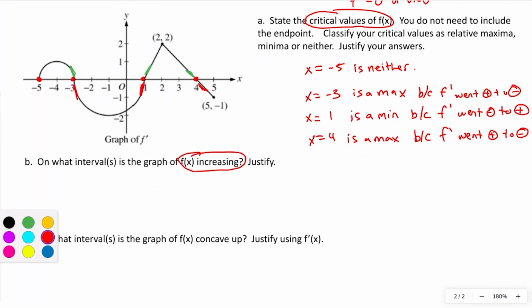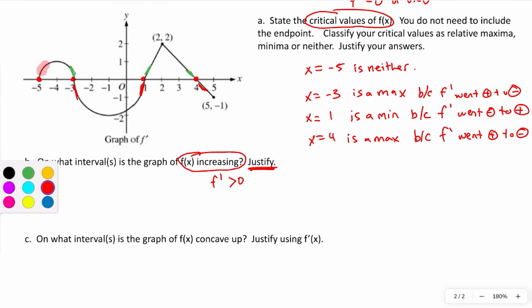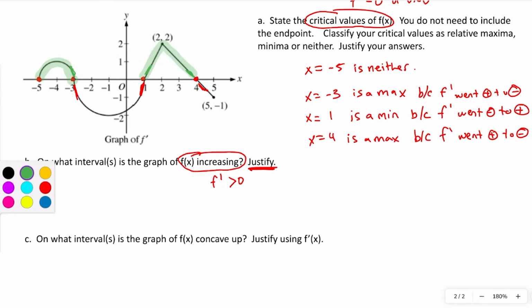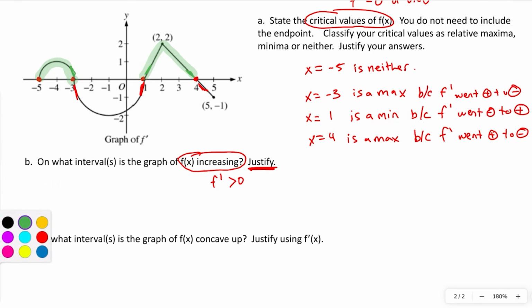It'll be increasing when f prime is positive. That's really our justification. We can see where f prime is positive pretty easily, which is wherever it's above the x-axis. So on this interval and on this interval, we got two intervals. We're going to write them both: between -5 and -3, and also between 1 and 4. Our justification is because f prime is positive.